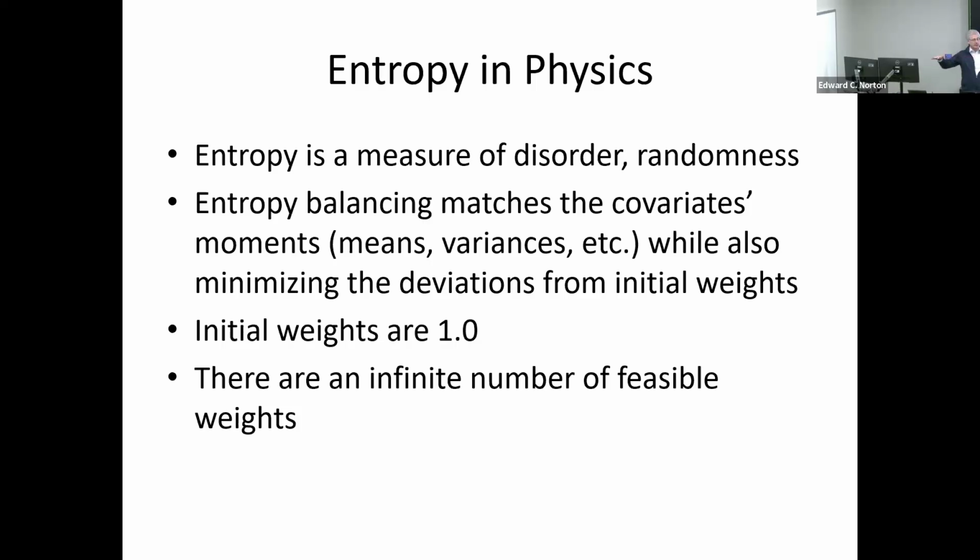That would be the maximum entropy. And so what it's doing is sort of maximizing entropy, meaning having the largest values across the entire sample closest to 1, such that it still gets us a weighted sample that gets us what we want. That's my understanding of where the name entropy balancing comes from.